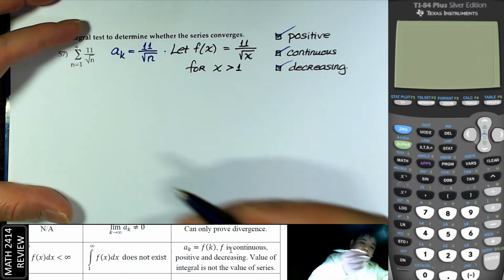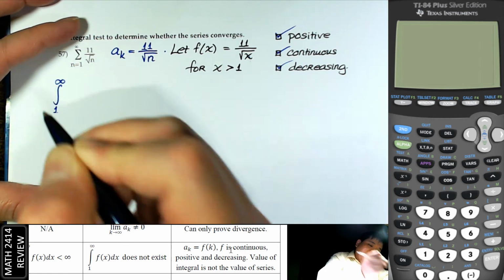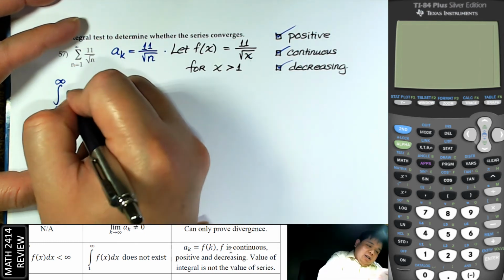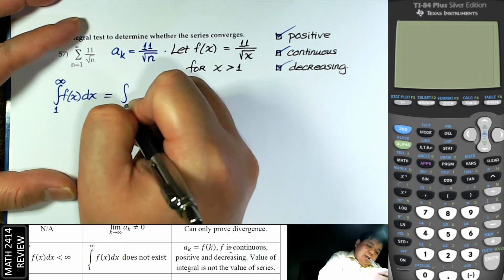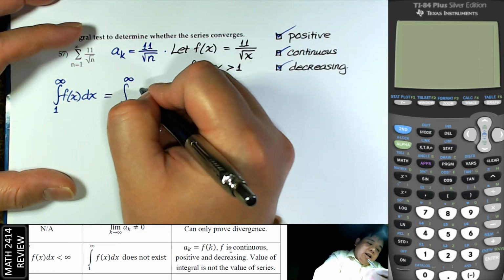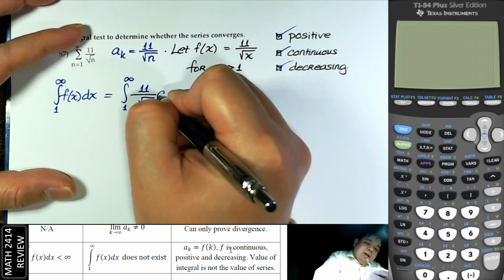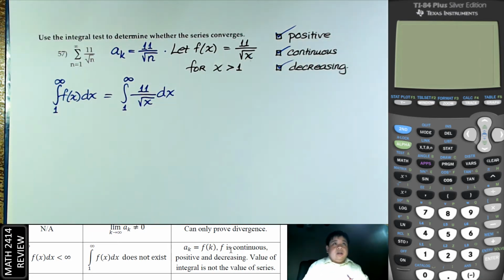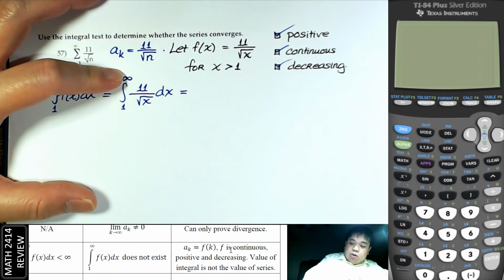That means we're going to find the integral from 1 to infinity of f of x dx. f of x is 1 over square root of x. So we just need to use an improper integral here because we have infinity.